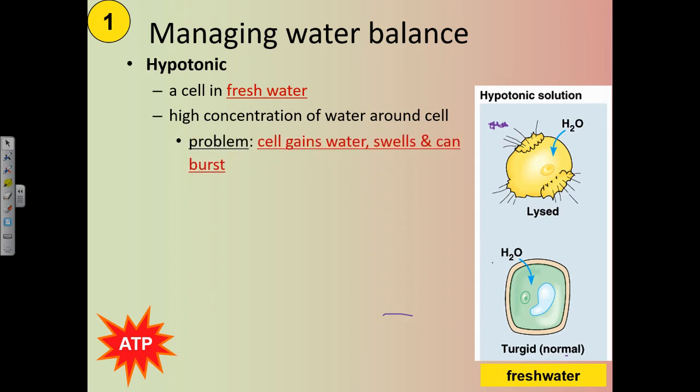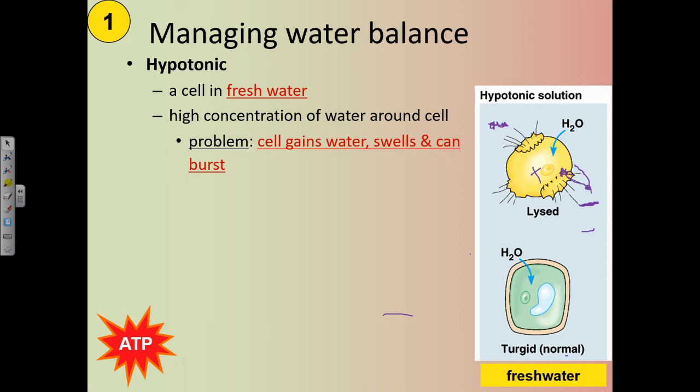The problem with putting cells into a hypotonic environment is that the cell will gain water. Water likes to enter the cell because there is a lot more water out here than inside the cell. Water wants to go from greater to lesser, and so it will move into this cell.